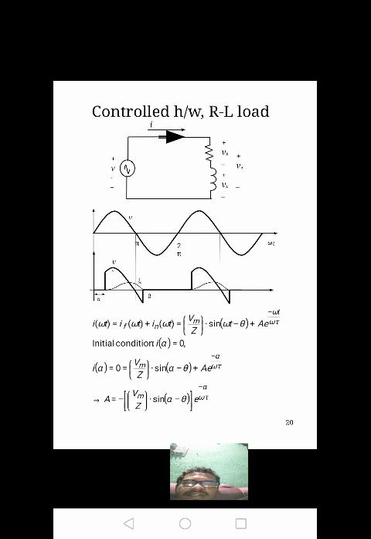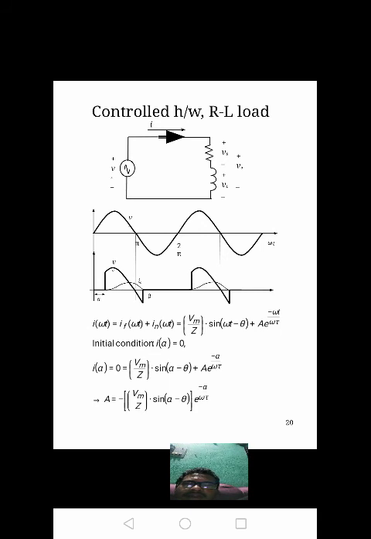Why? Because a time delay takes place due to the triggering time, which is nothing but alpha. Then there is also the extinction angle, which occurs due to the inductive nature of the circuit. Then we have to calculate the current values.